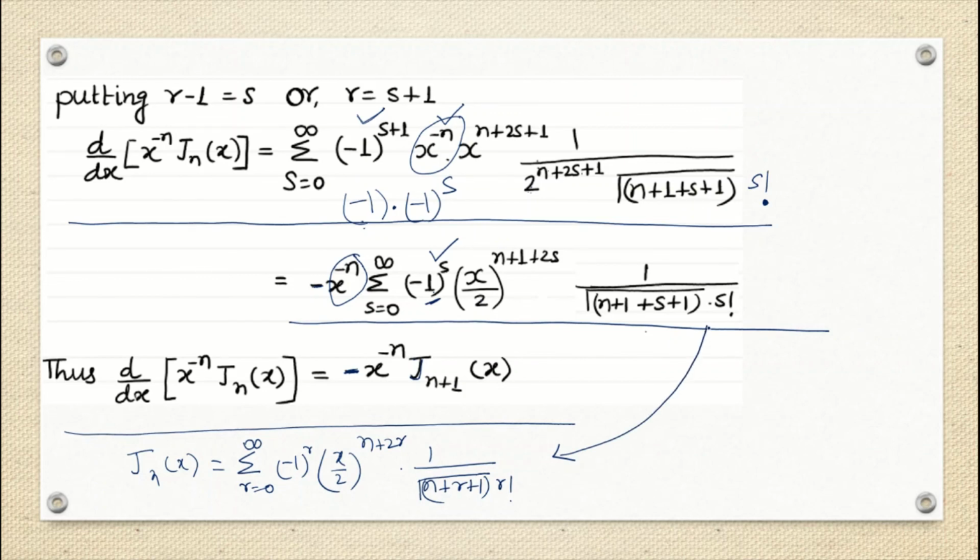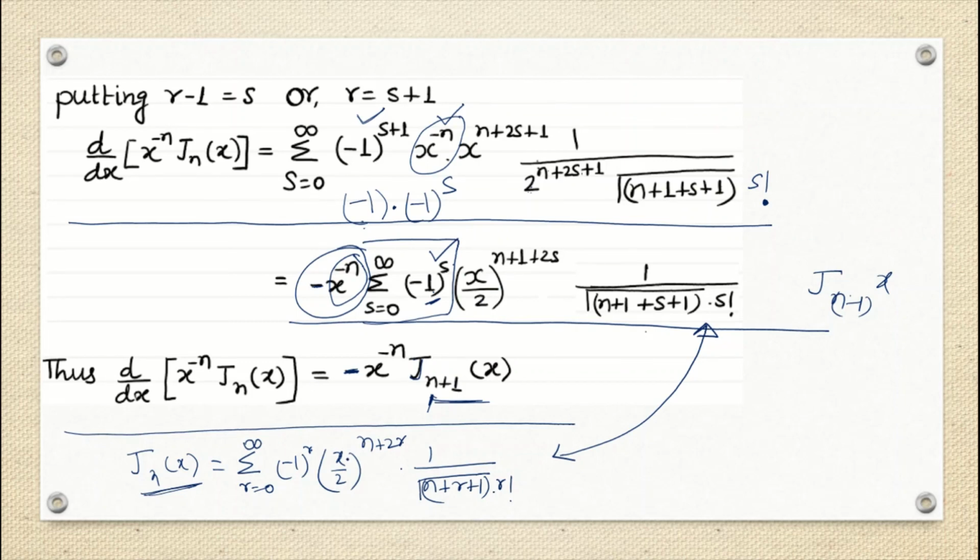So this J n x term says that this is nothing but the sum over r equals 0 to infinity of minus 1 to the power r, x by 2 to the power n plus 2r, and then 1 by gamma n plus r plus 1, then factorial r. And this is J n x.